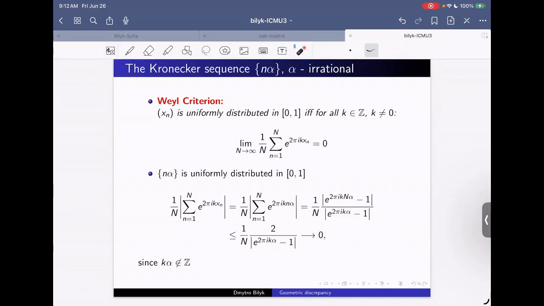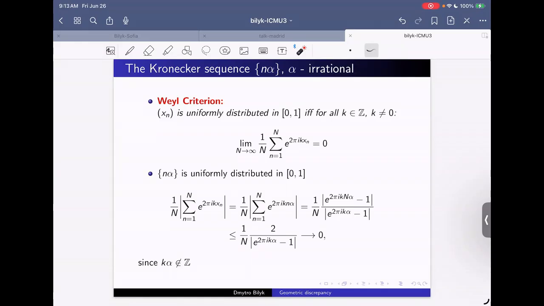Well, obviously, if alpha is a rational number, then after a while, the sequence will just start repeating itself, right? At some point, n alpha will become an integer, so the fractional part is 0, and then it just repeats itself. And you just get a few equispaced points, but that's it. So that's not a very interesting case.